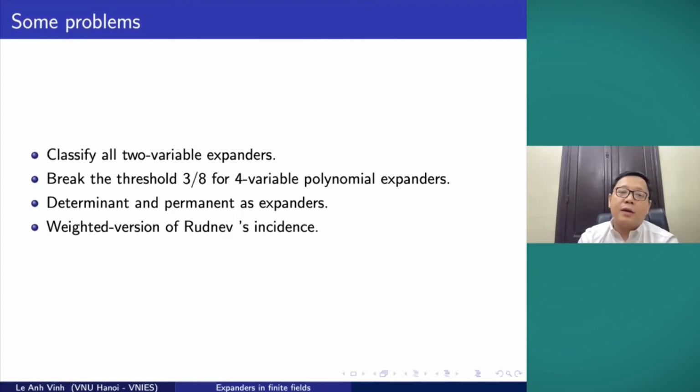And the third question is looking at the determinant and the permanent as an expander, and how strong a result we can prove for this type of expander. We know that the determinant and the permanent are expanders. We have some related results for that, but we believe that it will be a much stronger expanding function.